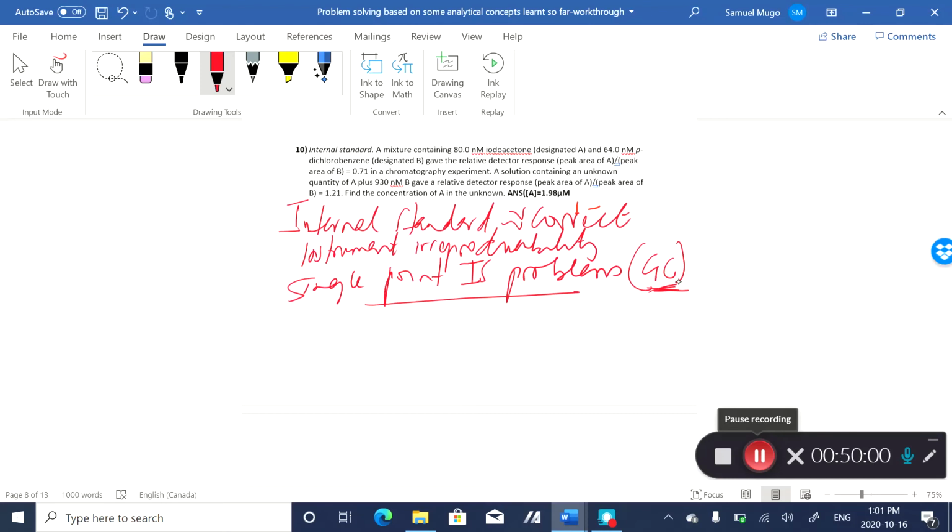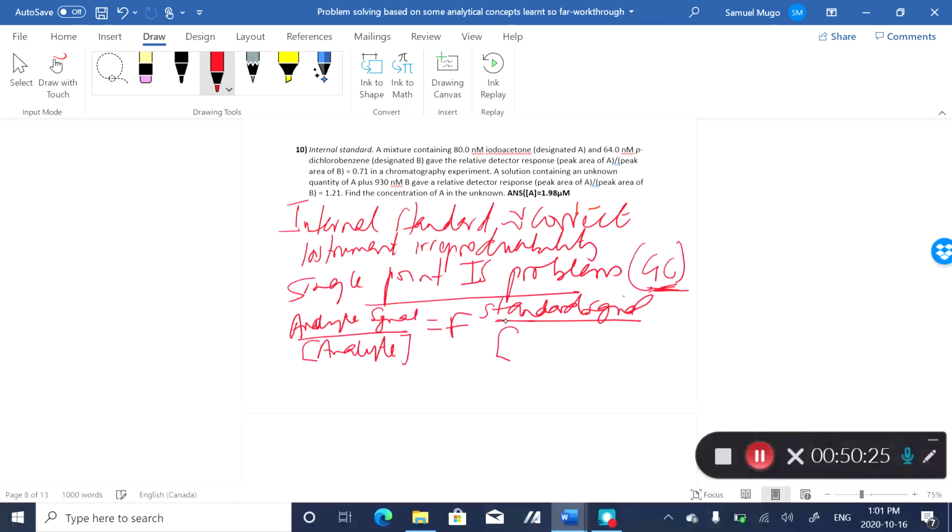All right, so remember the internal standard relationship: the analyte signal divided by the concentration of the analyte is equal to the response factor, the so-called F, multiplied by the standard signal, this is the internal standard, divided by the concentration of the standard.